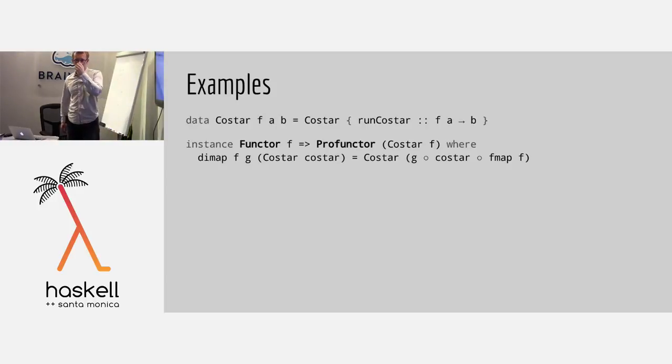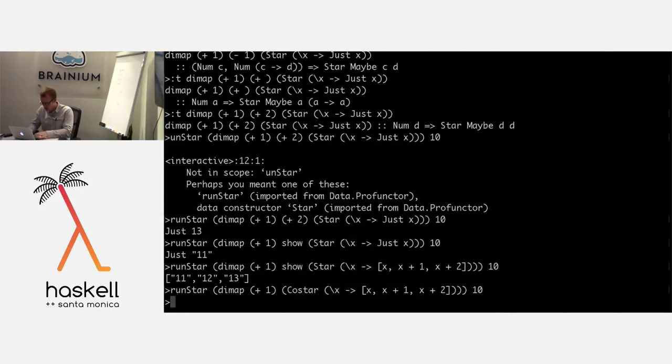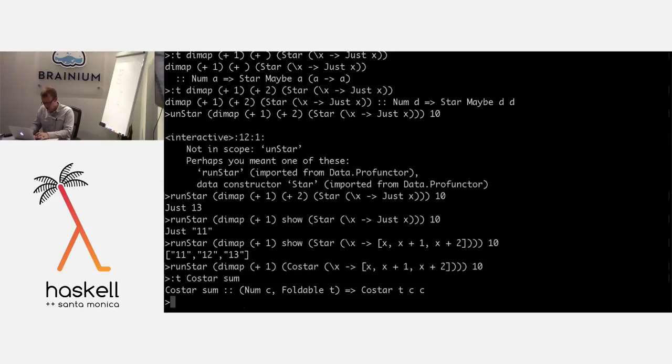So you might have a function from a list of a's to a b, like a sum or something like that. And you want to apply a function to the input, from an individual element in the list to another individual element in the list, is when you use this. Yeah, so let's do a sum actually. Let's just do the monomorphic version.